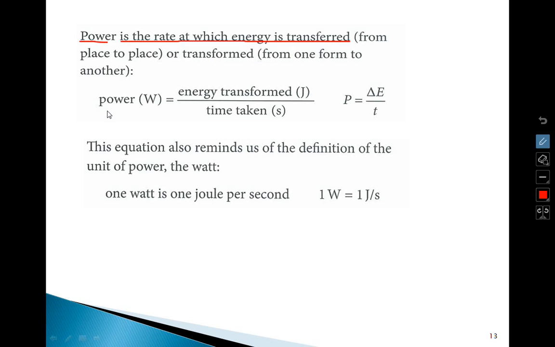The equation of power: power, measured in watts, is equal to energy transformed, measured in joules, over time taken, in seconds. So P is equal to delta E over T.